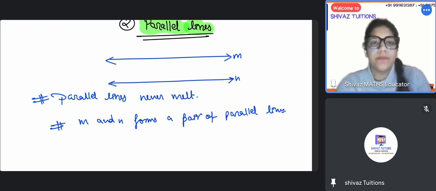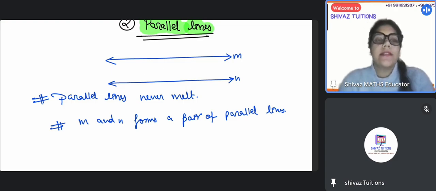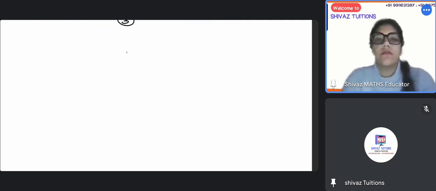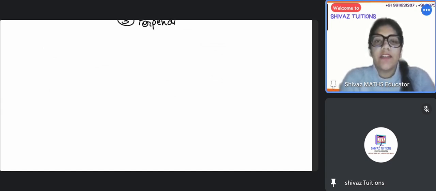Now the third and last type of pair of lines is perpendicular lines. Anyone know what perpendicular lines are? It means that they join at a right angle. Very good, perfectly correct.